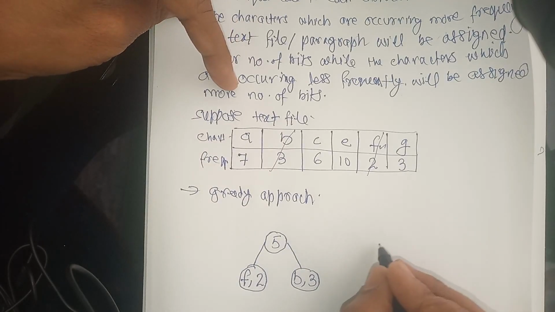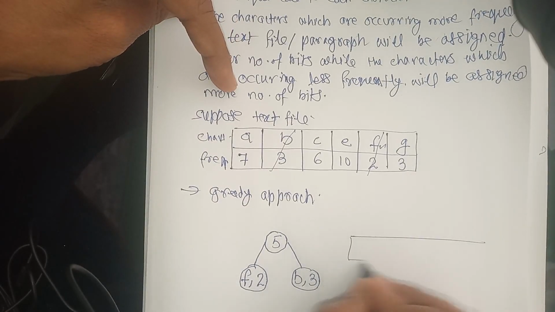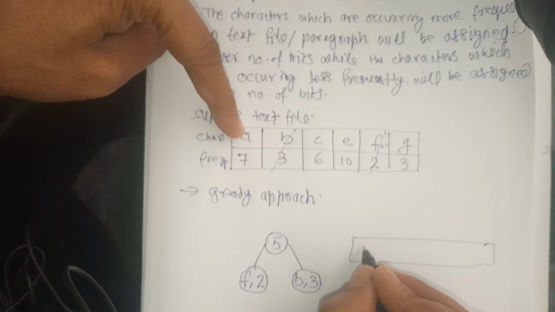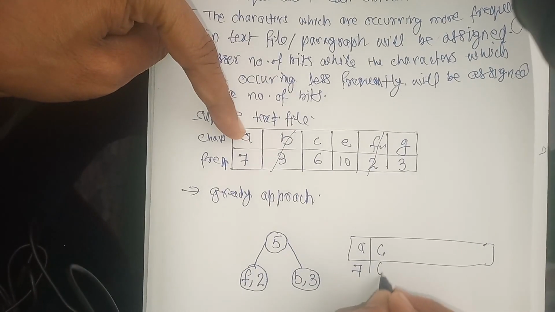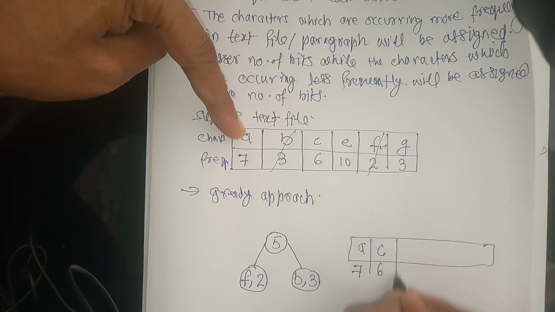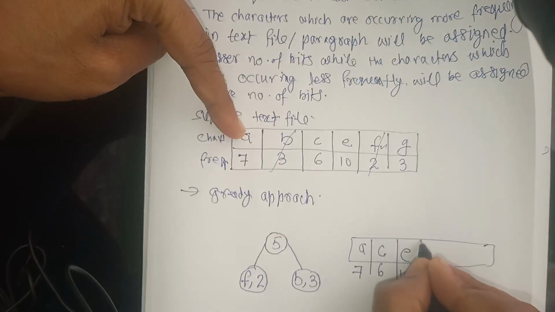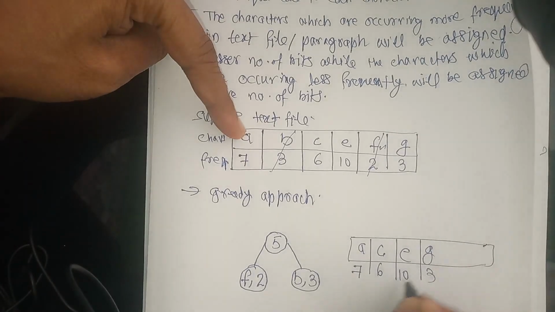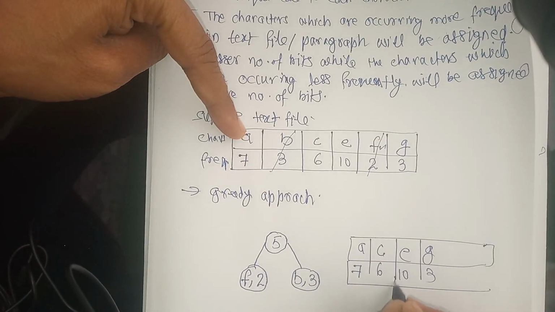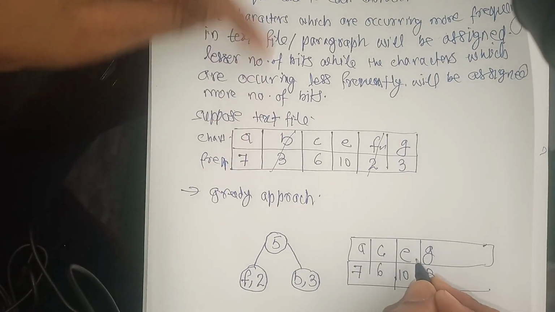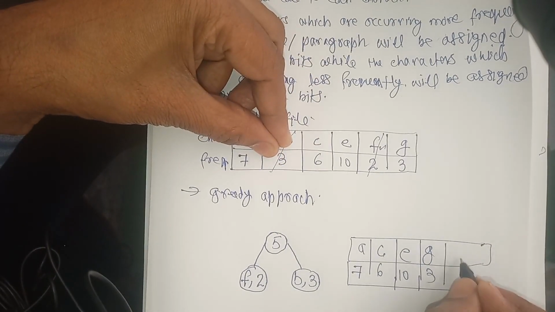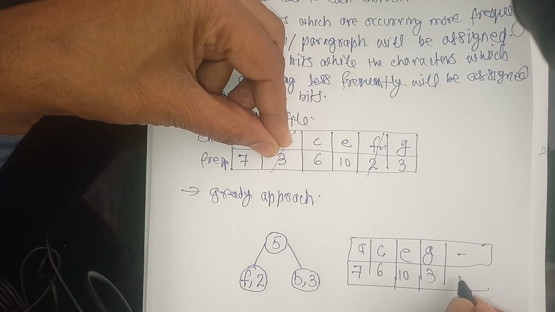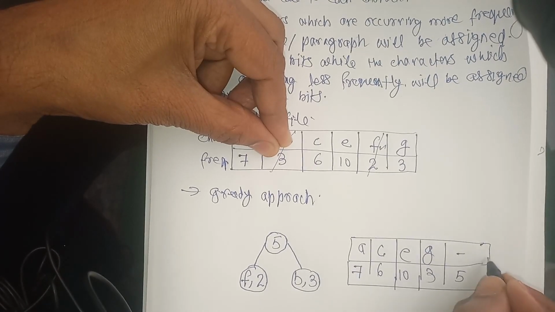So now we make another table where A is left, whose frequency is 7, C is left, whose frequency is 6, E 10, G 3. For now we can place these in any order, and another one is 5, whose node is not labeled, so its frequency we write here.